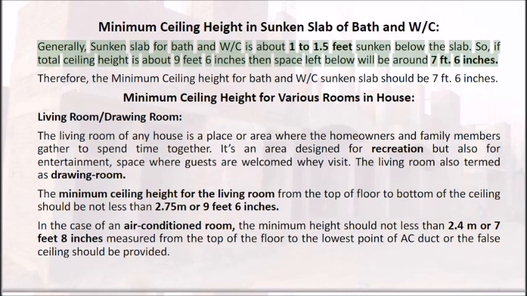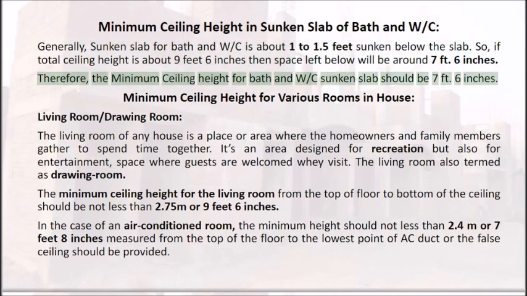So, if the total ceiling height is about 9 feet 6 inches, then the space left below will be around 7 feet 6 inches. Therefore, the minimum ceiling height for bath and W/C sunken slab should be 7 feet 6 inches.